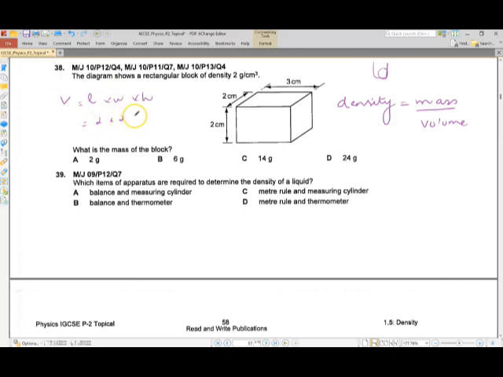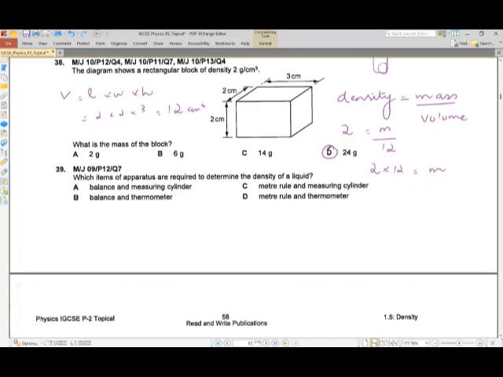So 2 into 2 into 3 is going to give us the volume, which is 12 centimeter cubed. Density was 2, so 2 into 12 is going to give you the mass, which will be 24 grams, and so D is the correct option.